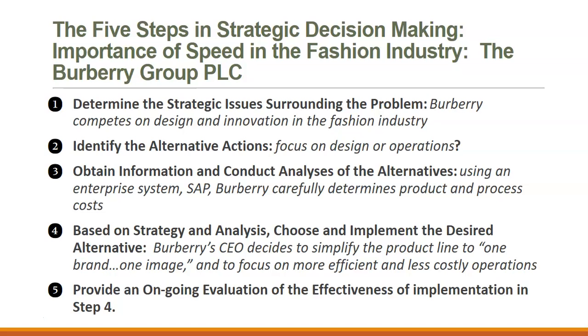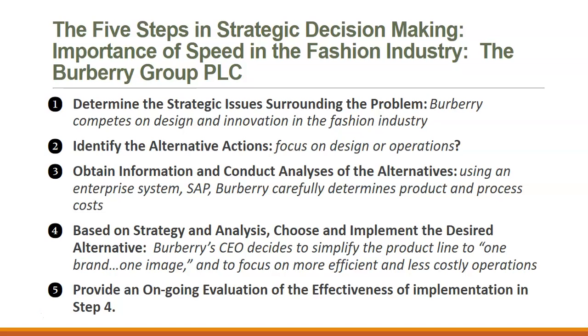So we're going to look at the 2 different options, collect information about them, look at different ways that we can alternatively implement this, and what this group decides to do is to simplify our product line and to focus on more efficient and less costly operations. So they're going to reduce the amount of things that are produced and really focus on just their main brand. They're going to reduce the number of products by 1/3.